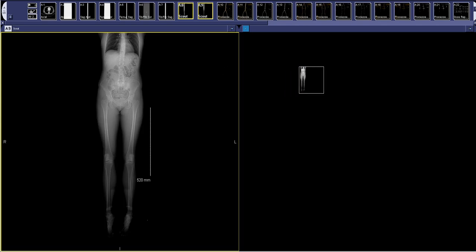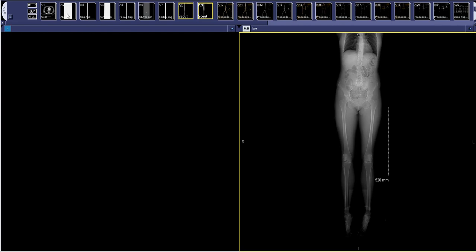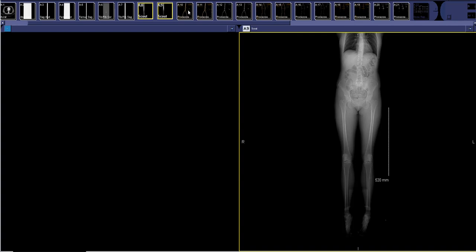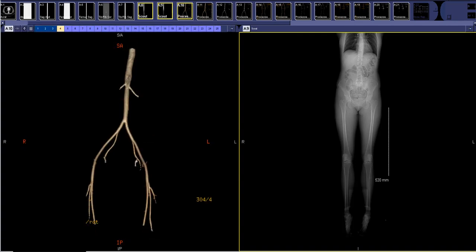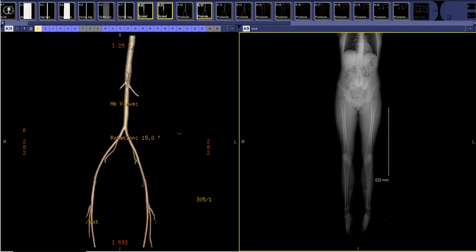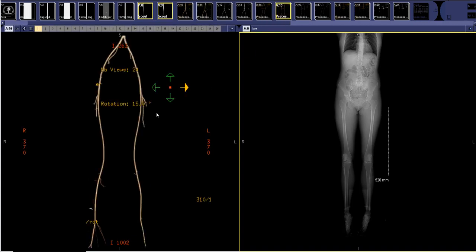So when you bring up a CT angiogram, there's going to be a very long list of series, many of which are 3D reconstructions. I'll tell you, the 3D reconstructions can be very good to give you a large overview of what's going on. Typically the aorta and pelvic arterial outflow are reconstructed, as are the superficial femoral arteries.